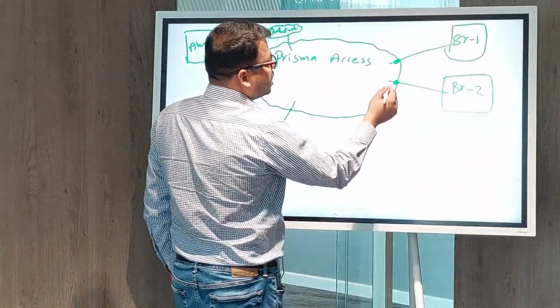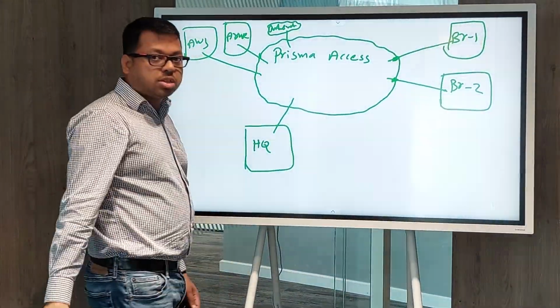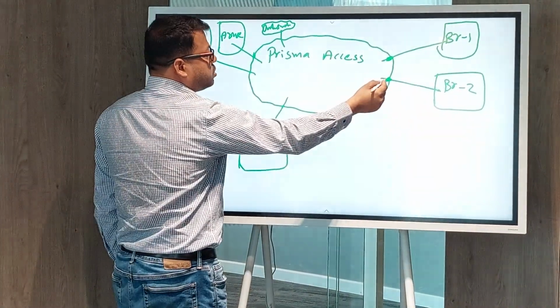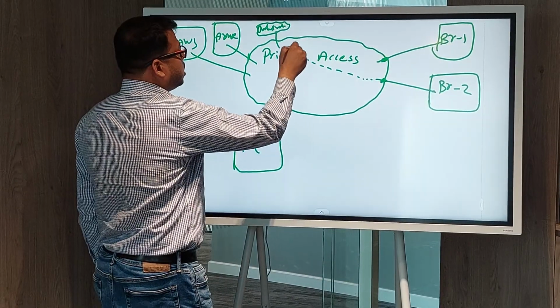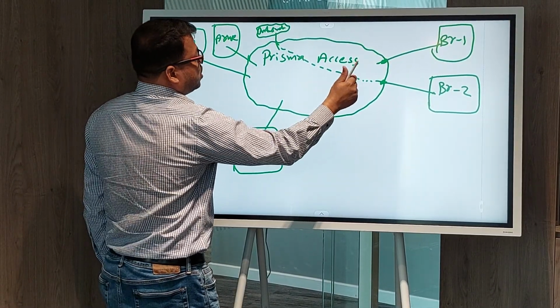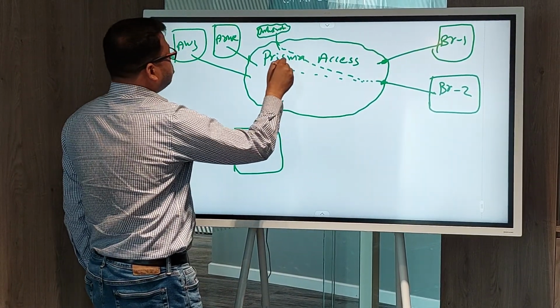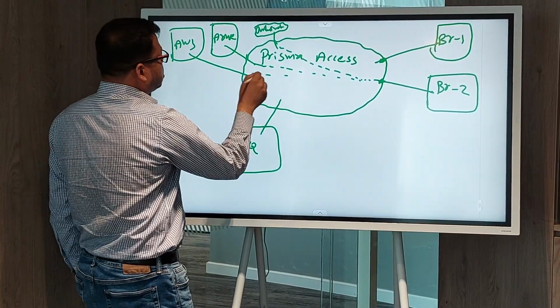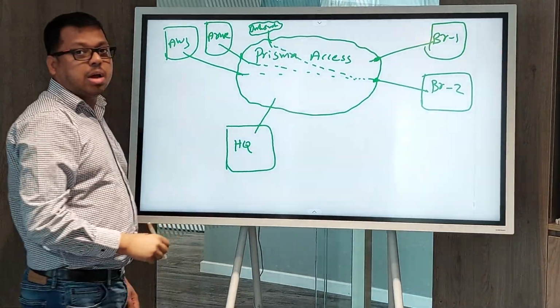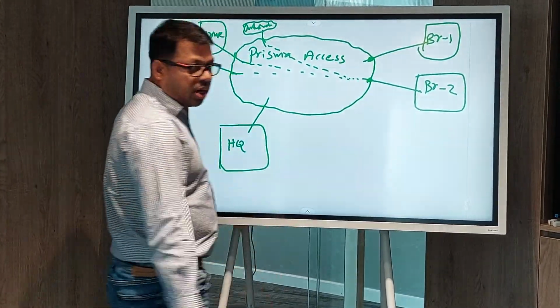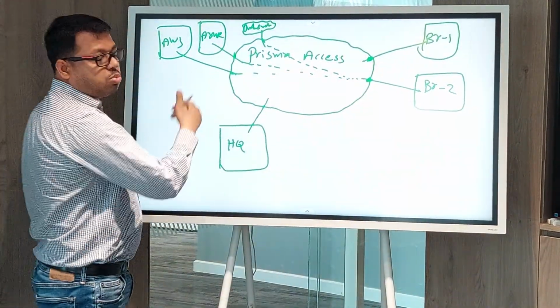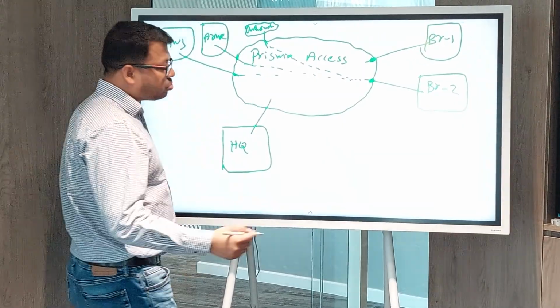So the advantage here is that if branch 2 user want to access something, once the traffic comes here, based on the location, it will be directly sent to the, if it is to internet, it will send to internet. If it is coming to the Azure, it will go like this way. If it is to AWS, it will go. And if it is HQ, it will come here. And all the security services will be applied from here itself. So this is one advantage with Prisma Access.